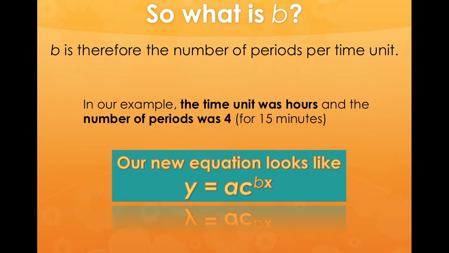So please remember that our new equation looks like Y is equal to A, which is our initial value, times C, our multiplicative value, or our change of time, to the power of B, which is the periods, times X. And X is usually, and always will be, time. The rule for our example, therefore, would be Y is equal to 100 times 1.12 to the power of 4x. 4 being b, 4 being the number of periods per hour.